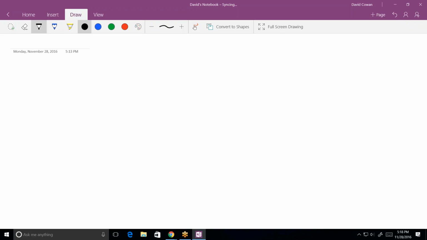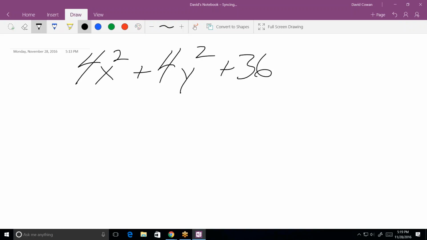The next one is 4x squared plus 4y squared plus 36y plus 5 equals 0. Notice something else: if the coefficients of the x squared and the y squared are the same, it's a circle.